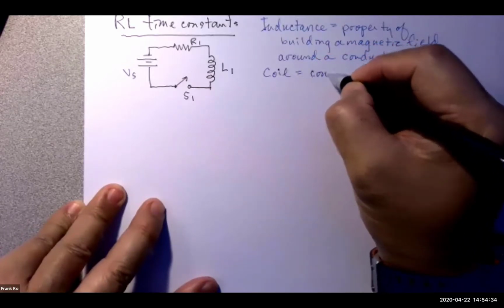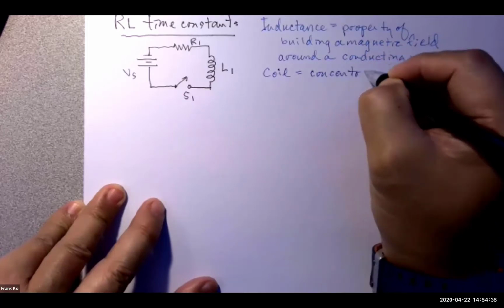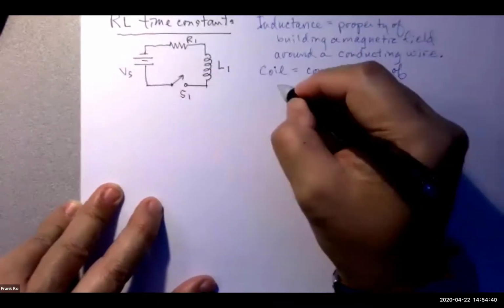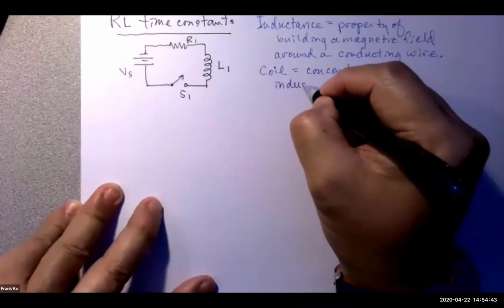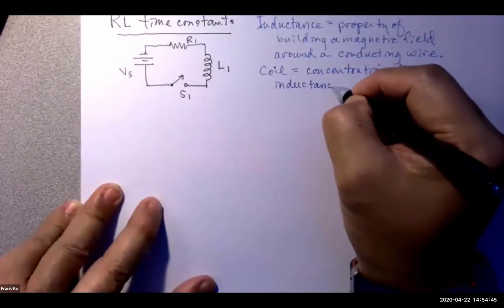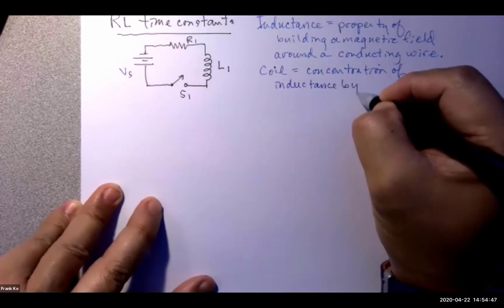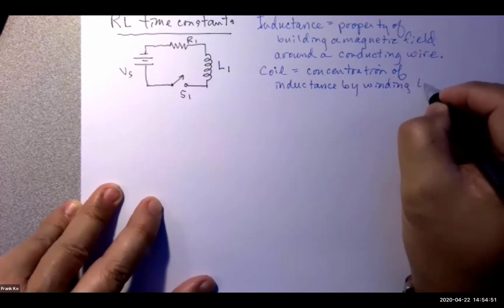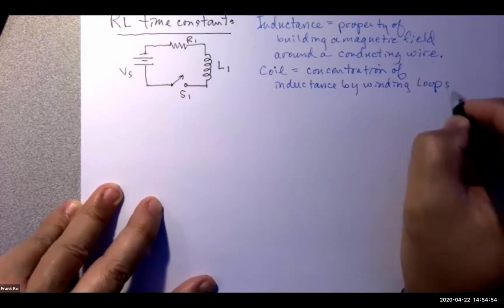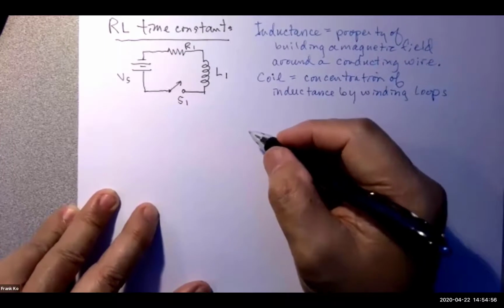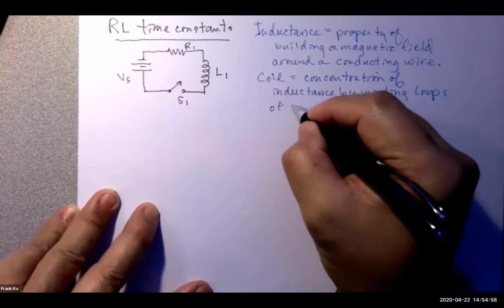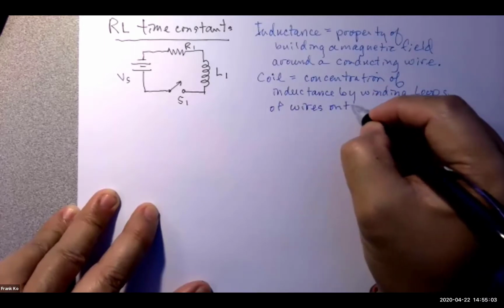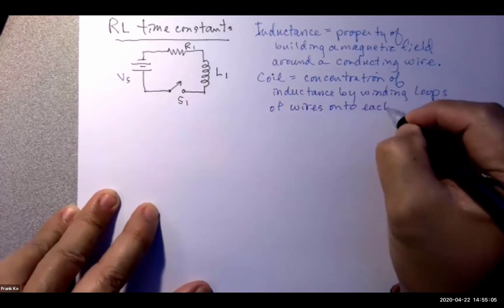Okay, so a coil equals concentration of inductance by winding loops of wires onto each other.